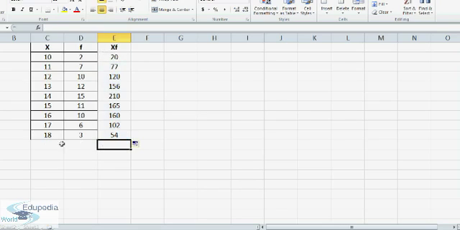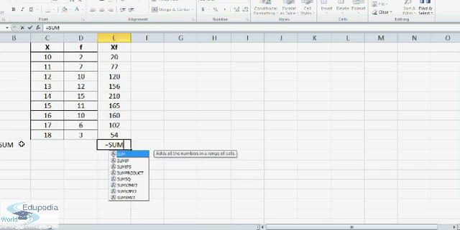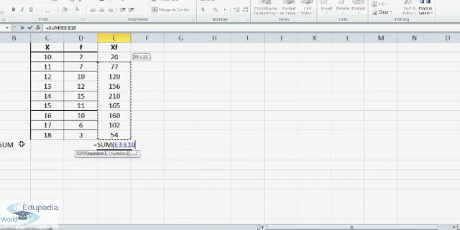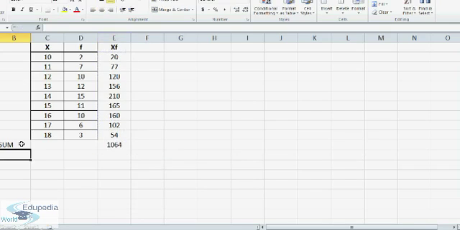Then I need to take the sum of this, the sum of x into f, is this, and also we need to take the sum of the frequency in order to get the arithmetic mean. The sum of the frequency is 76, therefore to find the arithmetic mean it will be the value here divided by the value here.